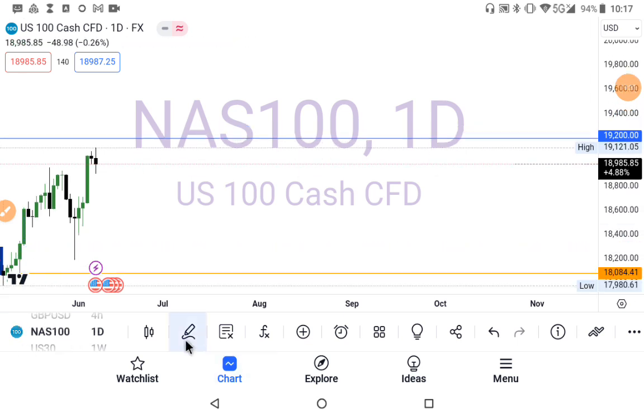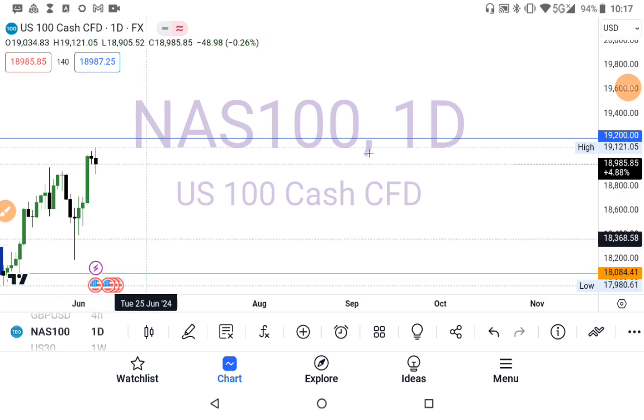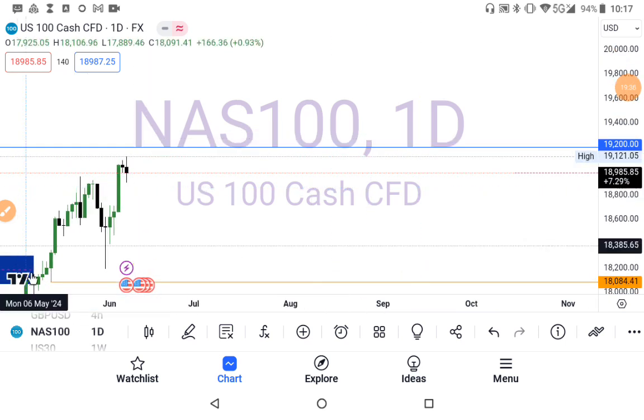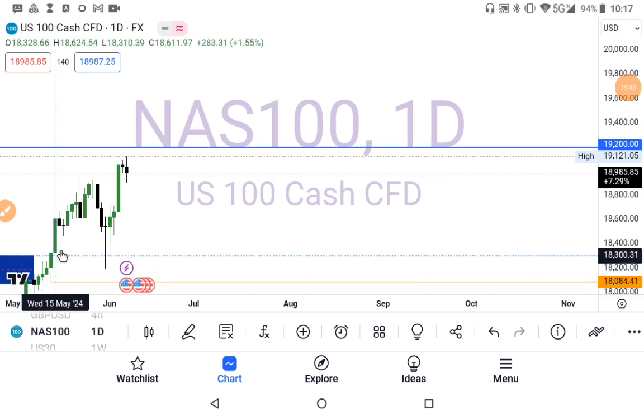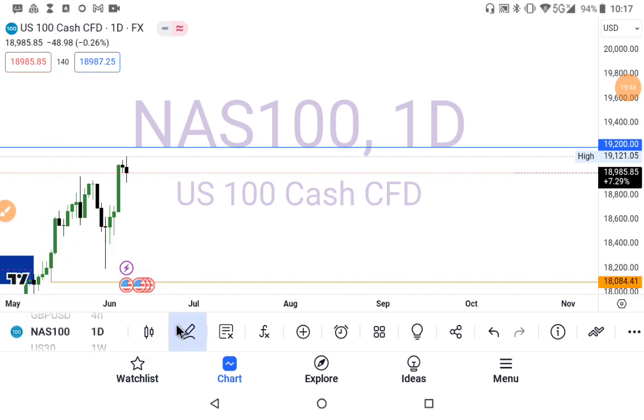So I will expect a kind of support around this fair value gap here.